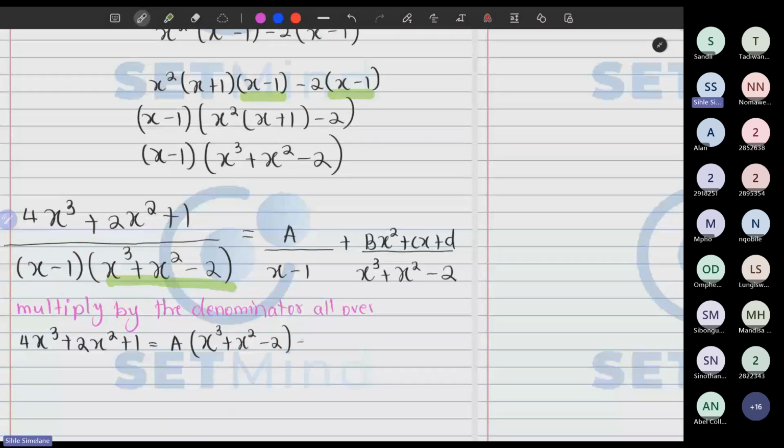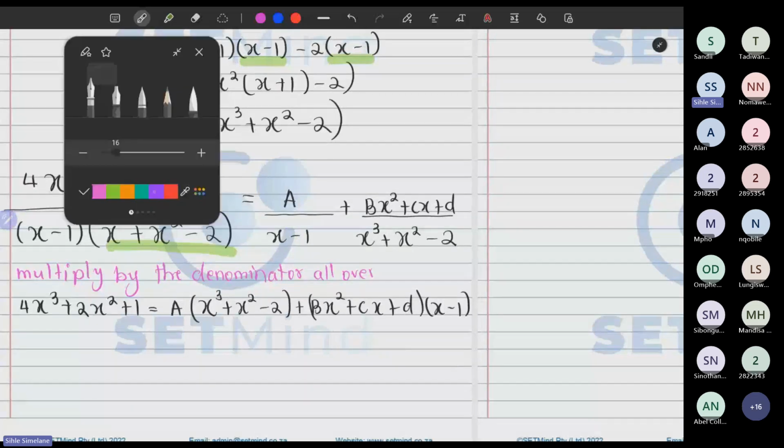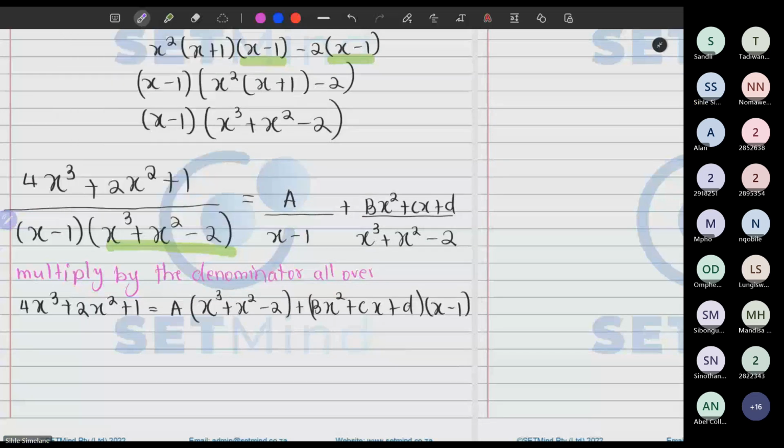And then we will have bx squared plus cx plus d, multiplied by the other denominator, which is x minus 1. Okay, so the easiest thing to find here is a. And the question is, when I look here, how can I find a? I need you to think carefully. I'm only interested in a here.